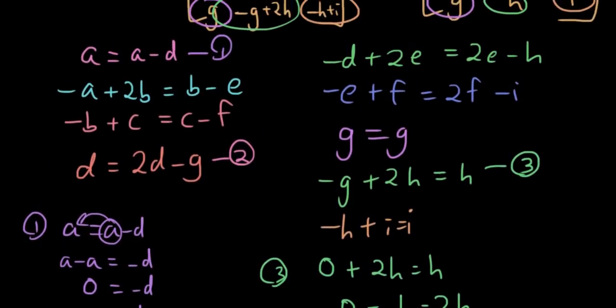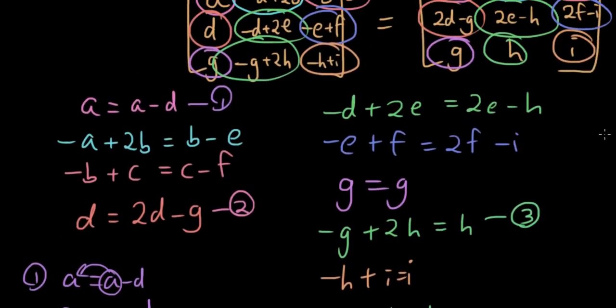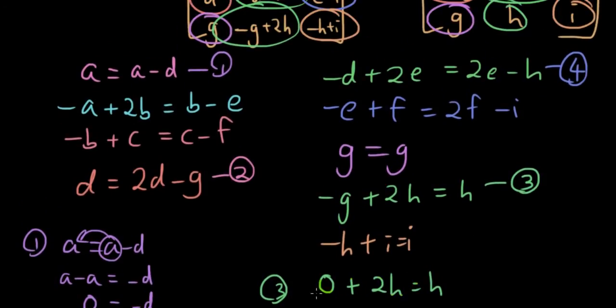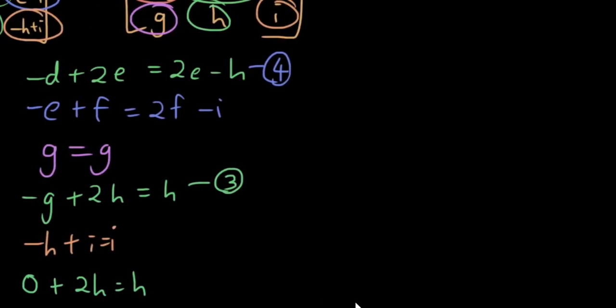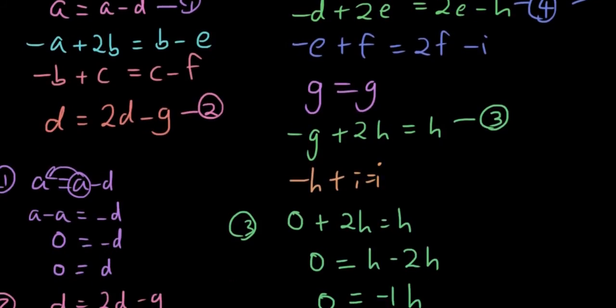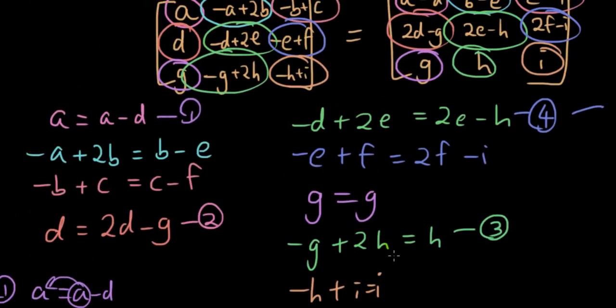And now what can I do? Let's do number 4 over here. Right, so negative d plus 2e equals 2e minus h. Let's just scroll to the right. So equation number 4, I've just found out that d is equal to 0, h is equal to 0.